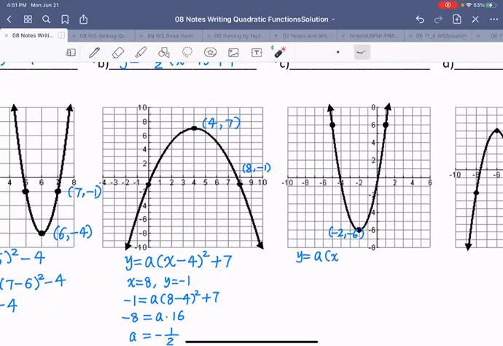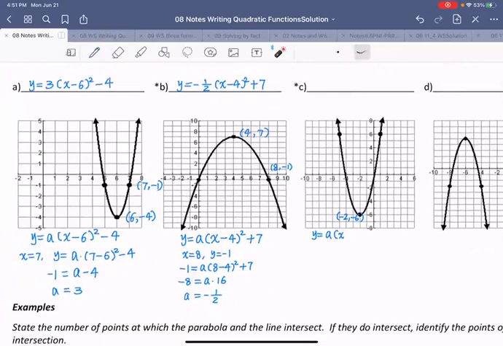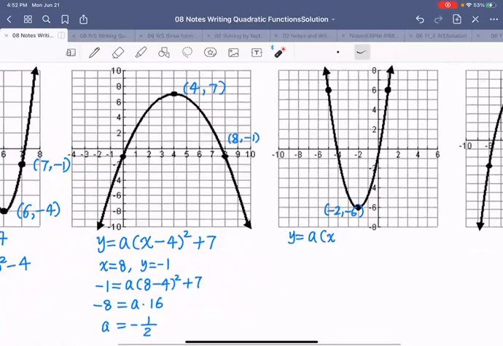Previously, the vertex was positive, so we do x minus. Here, this vertex x is negative. We want to do +2 because we want to make this guy equal to 0, so x equals -2. Does this make sense to you now? Yes.